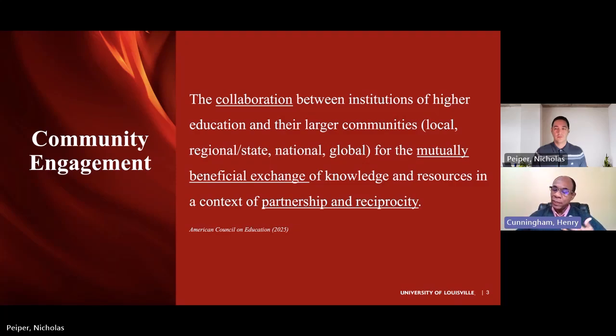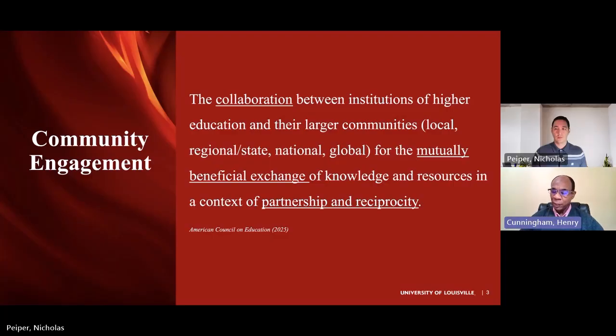So as we think about the work we do, whether it's teaching, research, or outreach, it has to be mutually beneficial. And this work is done with a partner, in the form of partnership and reciprocity, so that we all benefit from this work.